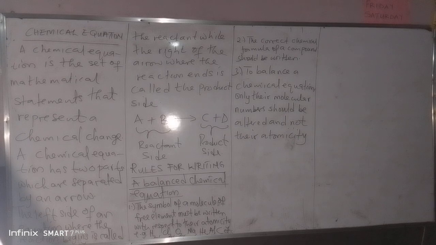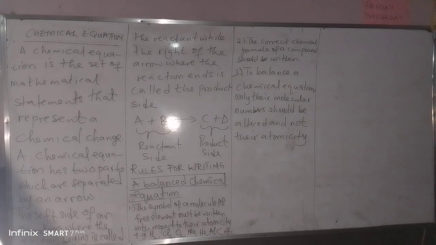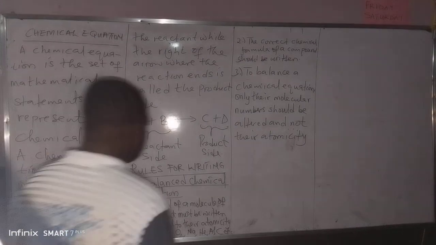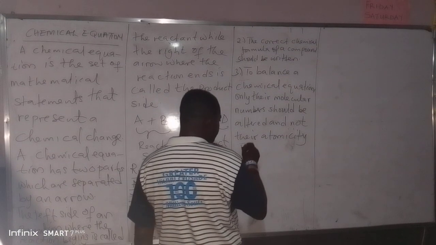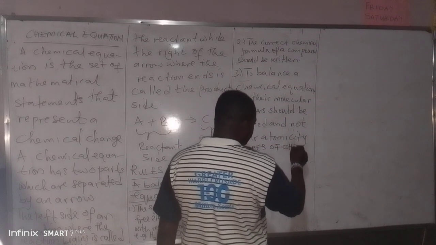Now, there are different types of chemical reaction, so for you to write a balanced chemical equation, you must have the knowledge of the reaction that you are dealing with. So that will make me digress a little.